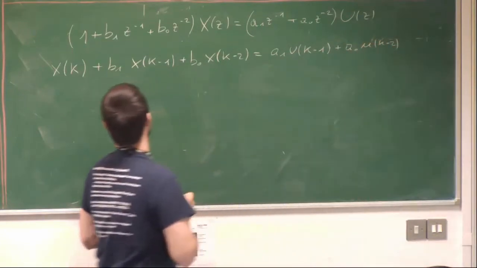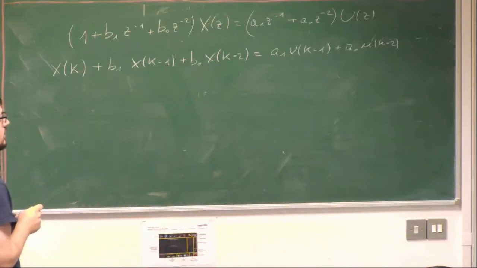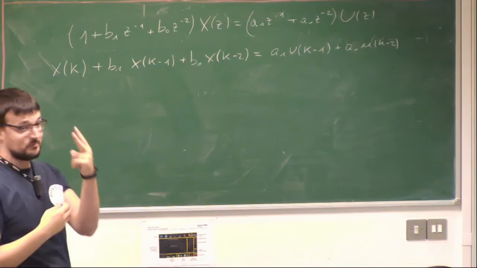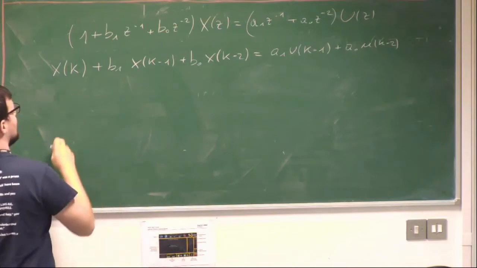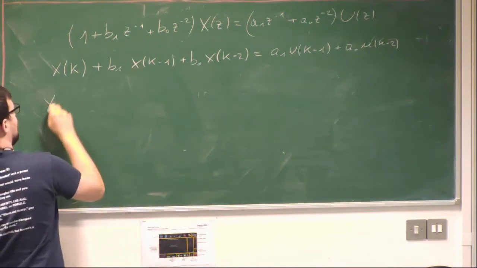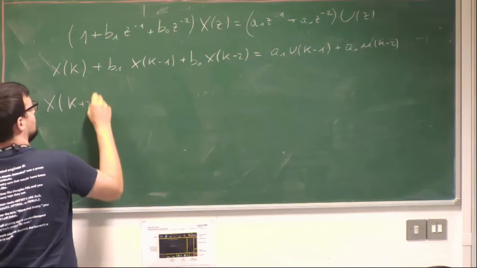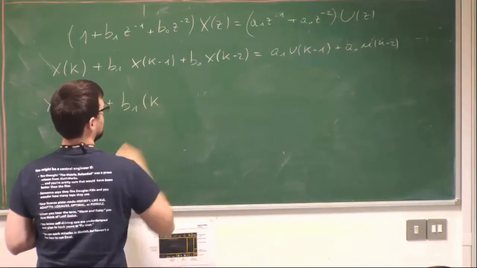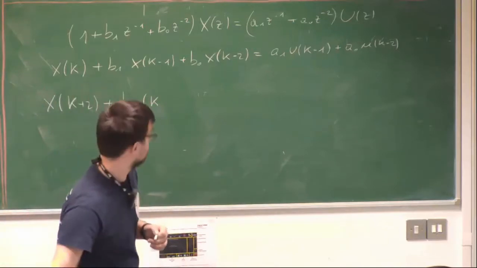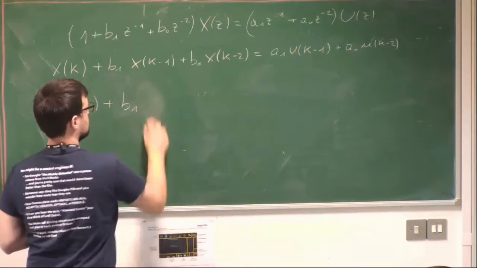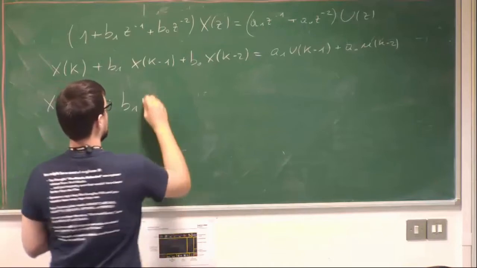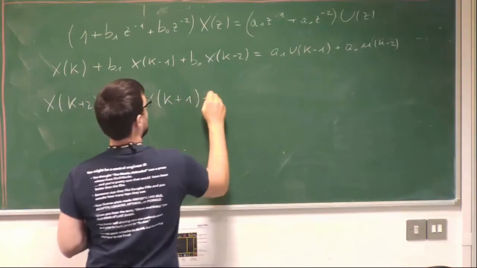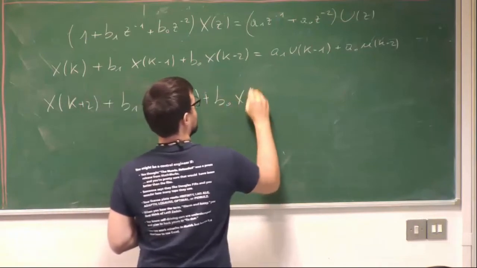Now let's rewrite all this sequence by adding 2 steps. So here instead of x of k, I write x of k plus 2 plus b1 x of k plus 1 plus b0 x of k.